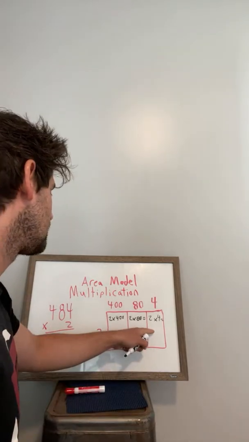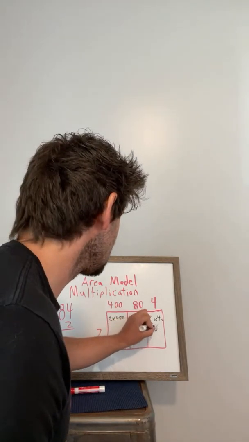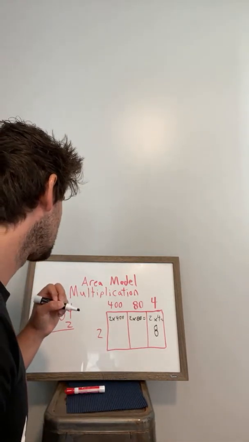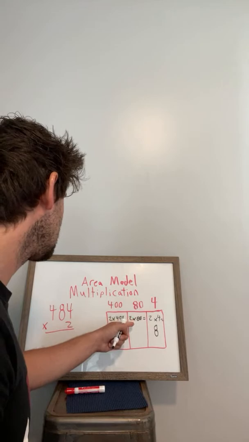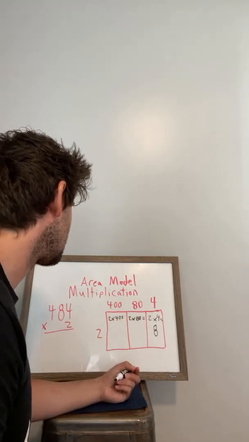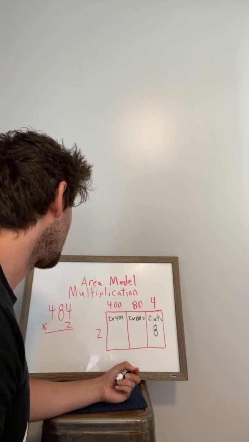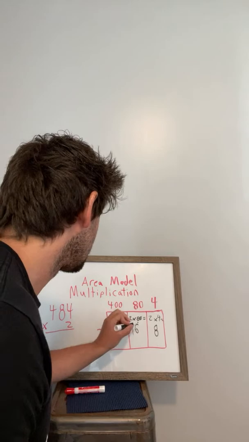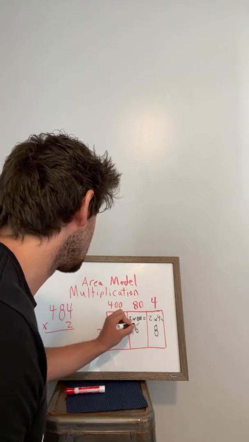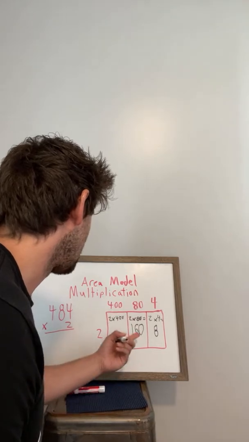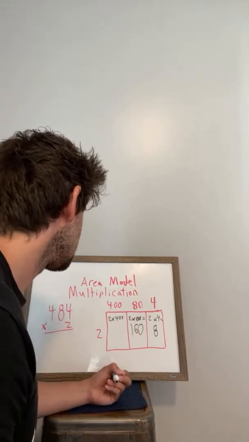Alright, so 2 times 4 equals 8. 2 times 80. Remember the rule. We're just going to multiply 2 times 8 and add a 0 to our answer. So 2 times 8 is 16. So there's 1 zero in the number 80. We're going to add a 0 to our answer. And 2 times 80 equals 160.